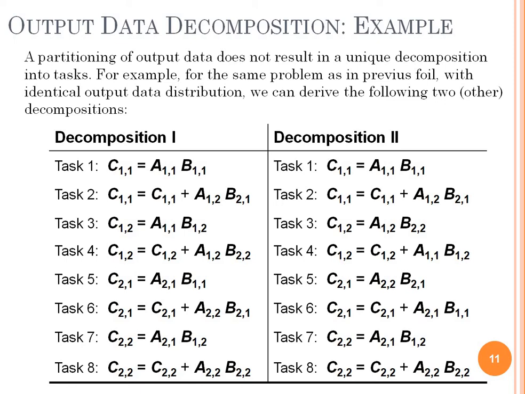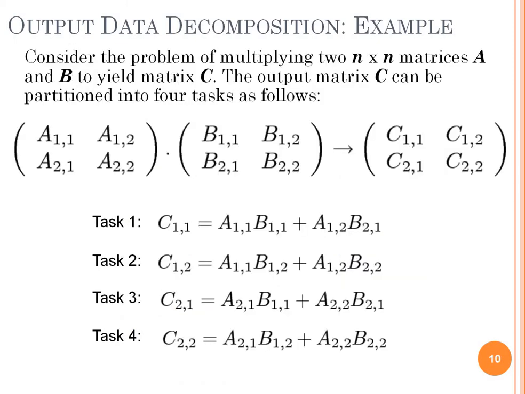The decomposition shown is based on partitioning the output matrix C into 4 submatrices, and each of the 4 tasks computes one of these submatrices. So a given data decomposition does not result in a unique decomposition into tasks. It depends on the programmer.